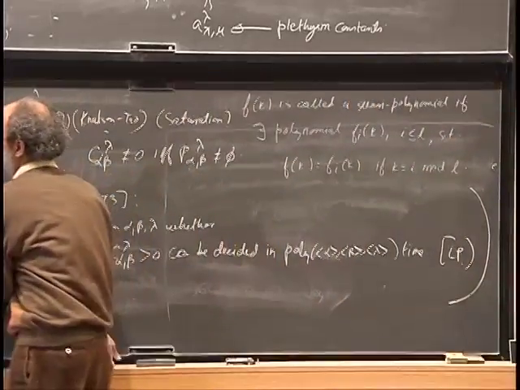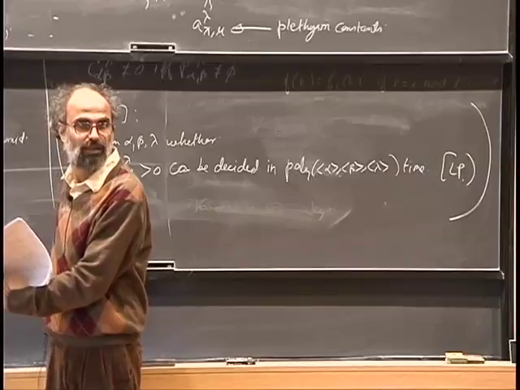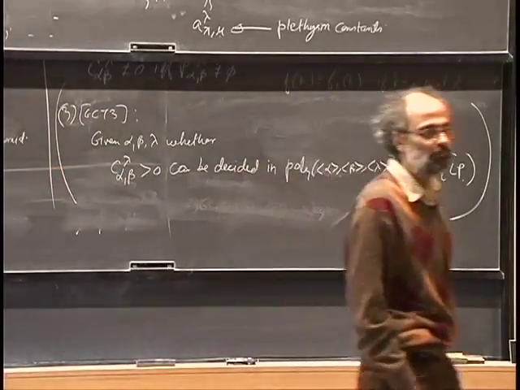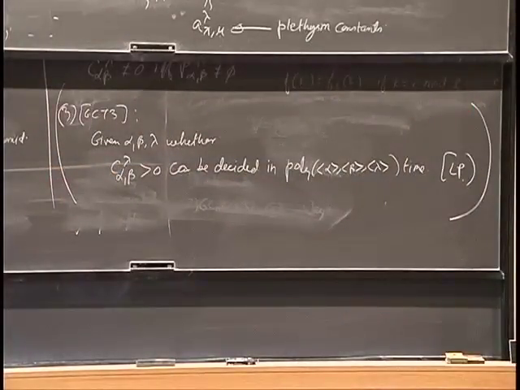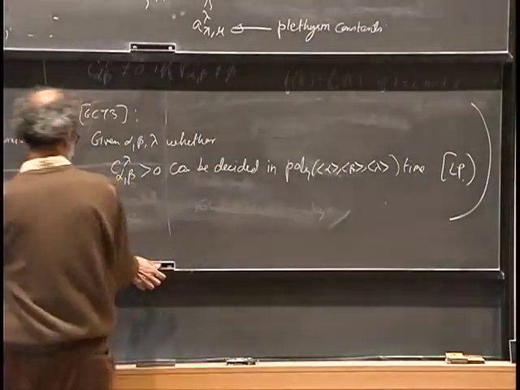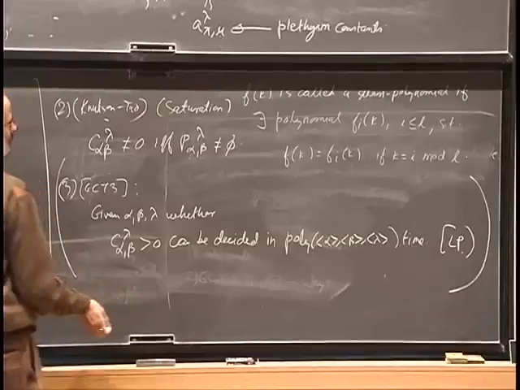I'm trying to understand the saturation theorem. Formally, you said that this coefficient is the number of points in this polytope. So what is the saturation?